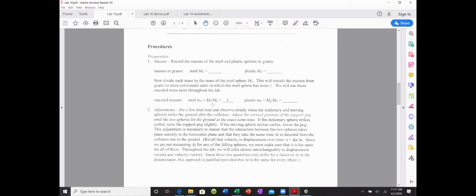Well, how do I calculate momentum? P1 is M1 V1. So I should take this vector and multiply it by the mass of a steel object. And the mass of a steel object we just forced to be 1, which basically means this arrow could either be called V1 or the exact same arrow could be called P1. Because the only difference between velocity and momentum is mass, and we've rescaled to give this object mass 1. So it's a time saver for us to do this.